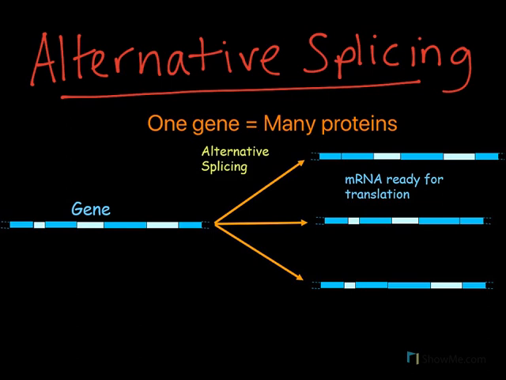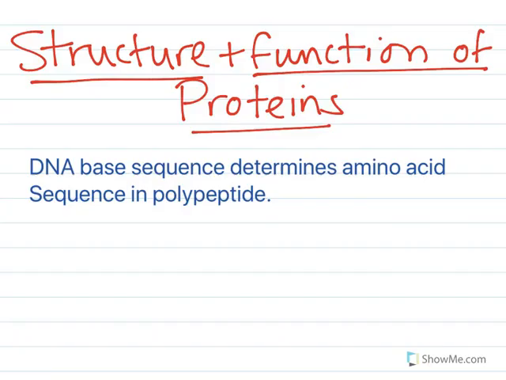So, for example, if this gene has exons 1, 2 and 3, this mature mRNA transcript will have exons 2 and 3. This one has 1 and 2, and this final variant has exons 1 and 3. Different arrangements of exons, but they are all in the same order as they're found in the original gene.